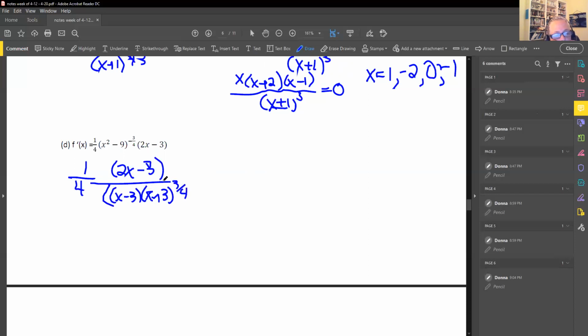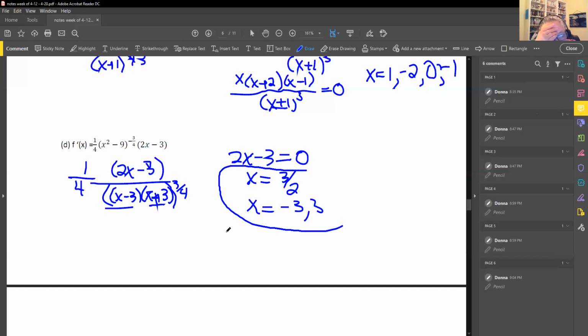It doesn't really matter what this is. I'm just going to figure out where the top equals 0 and where the bottom equals 0. So the top equals 0 where 2x minus 3 equals 0. So x would be 3/2. That would be a critical value. The bottom equals 0 at -3 and 3. So those again are critical values. So all of this are your critical values.